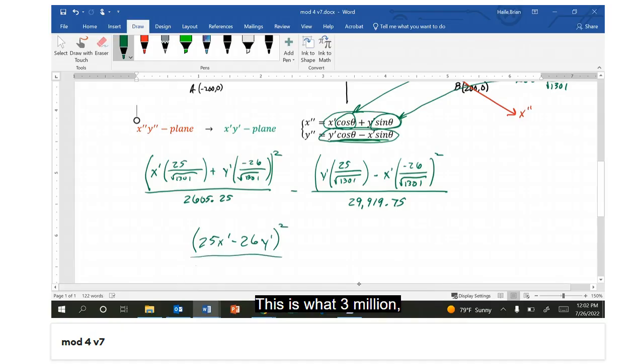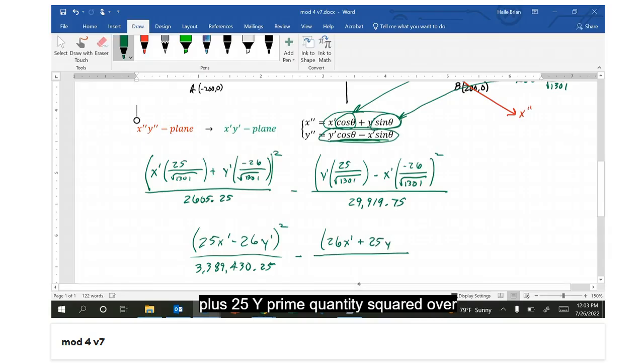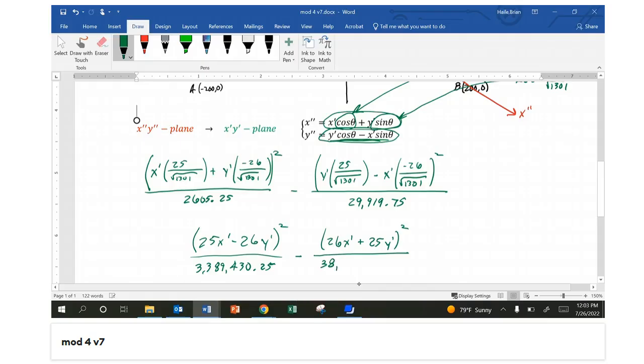This is 3,389,430.25 minus 26 x prime plus 25 y prime quantity squared over 38,925,594.75 equal to 1.